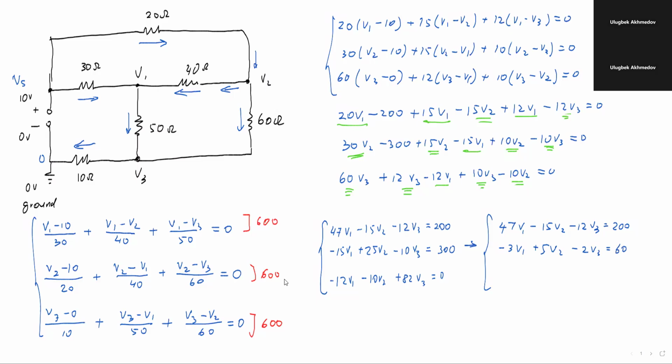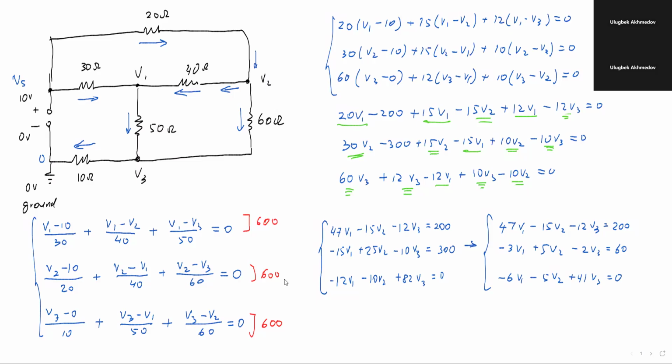We divide by 5, right? Unless we did something wrong. Okay, we're going to revisit that equation. Dividing the third equation, we can divide by 2. That's going to be negative 6V1 minus 5V2 plus 41V3 equals 0.